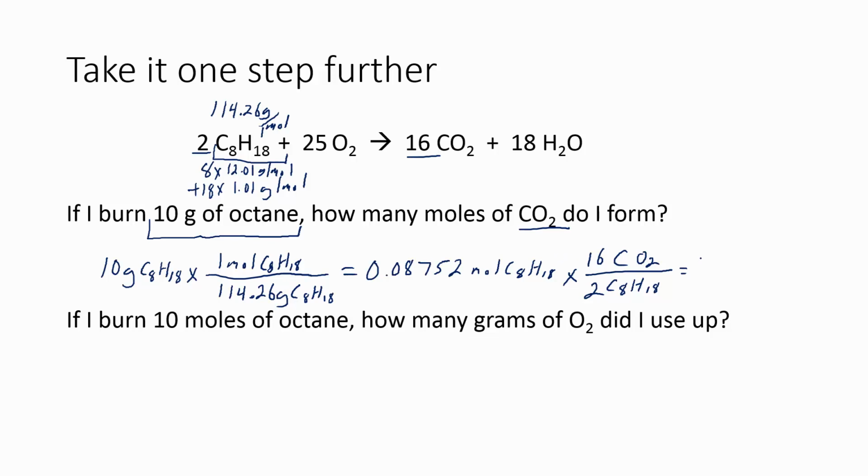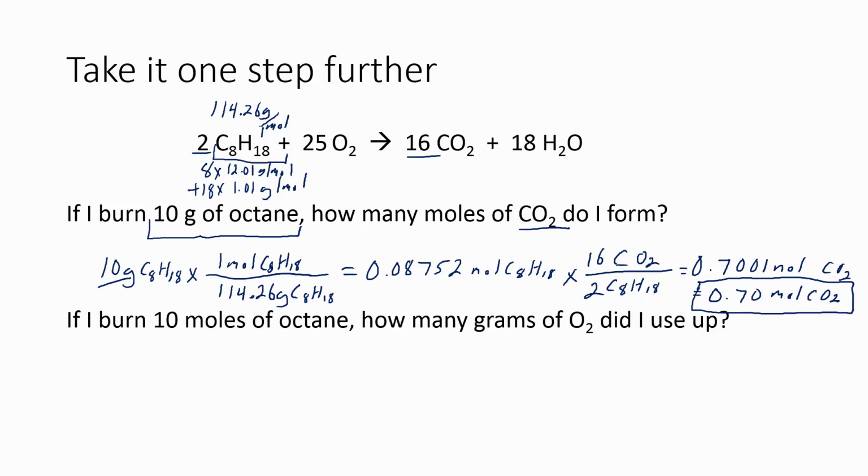And I get, in this case, 0.7001-ish moles of CO2. I really can only justify probably at most 2 sig figs. So we're looking at 0.70 moles of CO2 as our final answer.